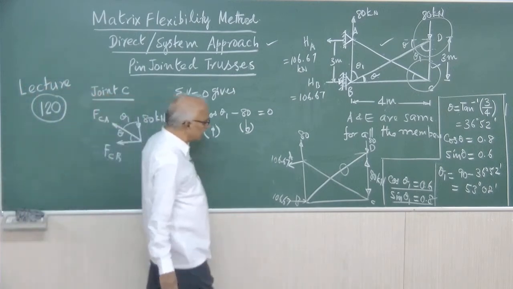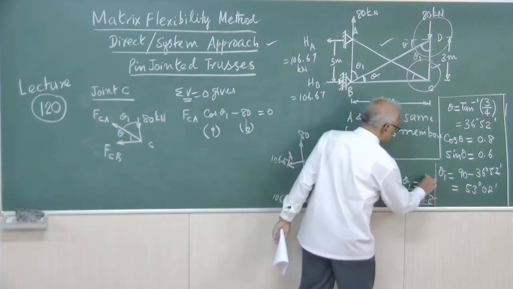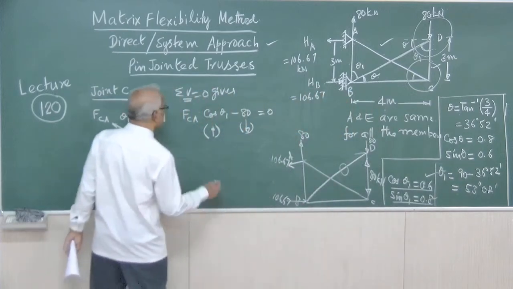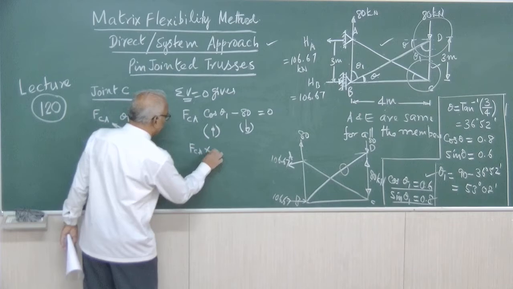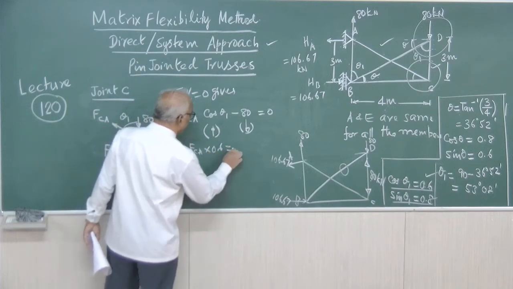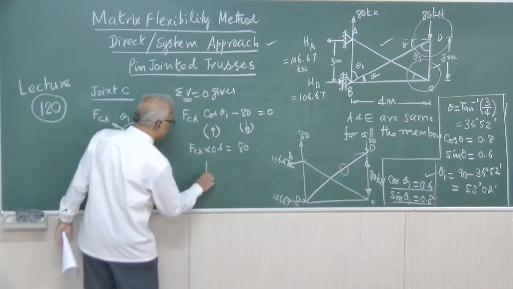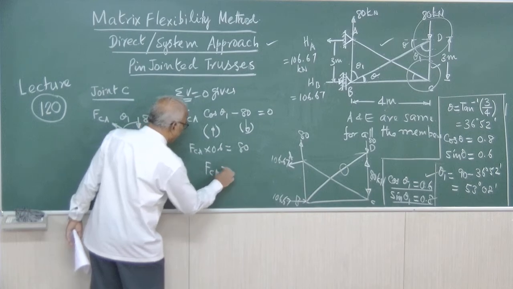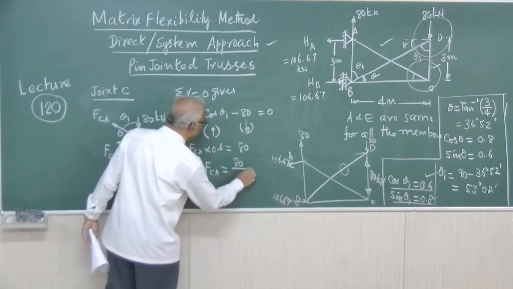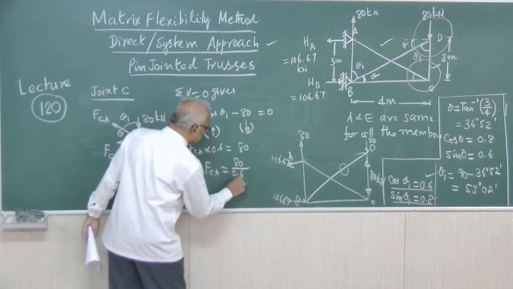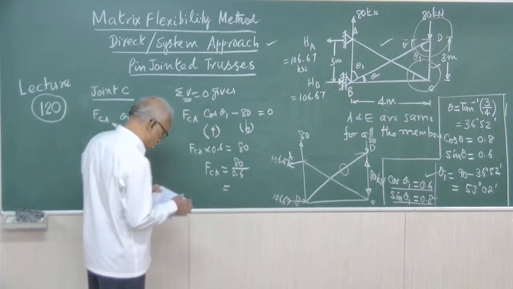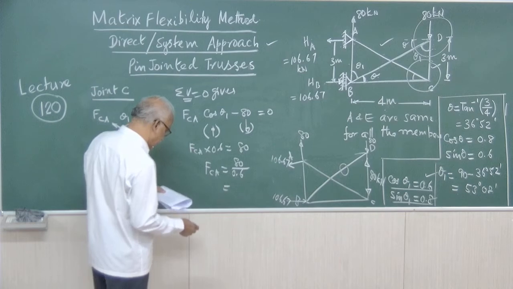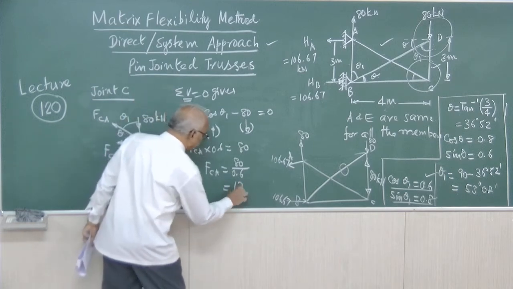Now cos theta 1 is 0.6. Therefore, FCA into 0.6 equal to 80. Or FCA equal to 80 by 0.6, which equals 133.33.